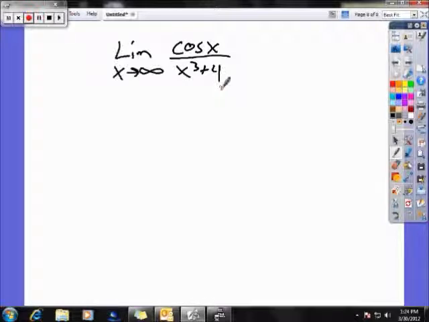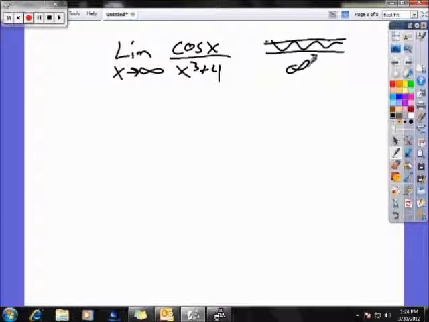what does cosine x look like? Yeah, it's one of these, right? But it never gets above this or below this. Cosine x and sine x both stay in a very limited range, right? From -1 up to 1, really, is all. Okay? So you have a very limited range on top, but you have infinity cubed on the bottom.